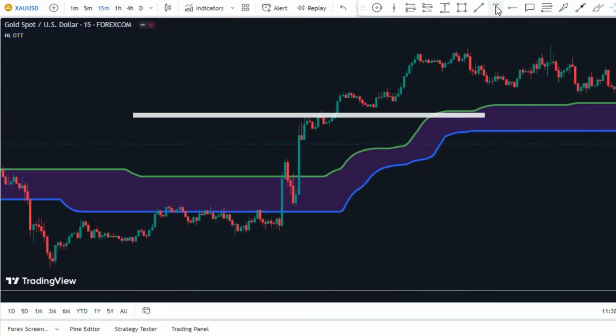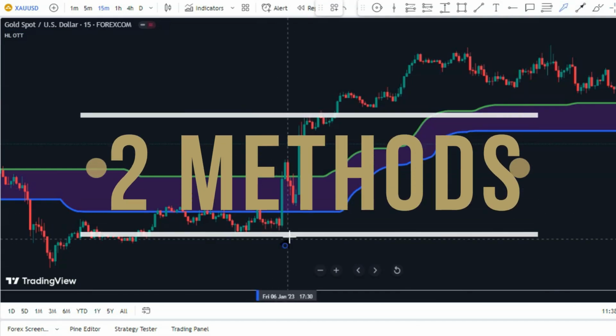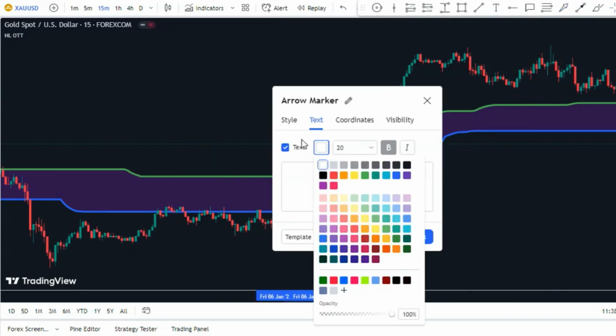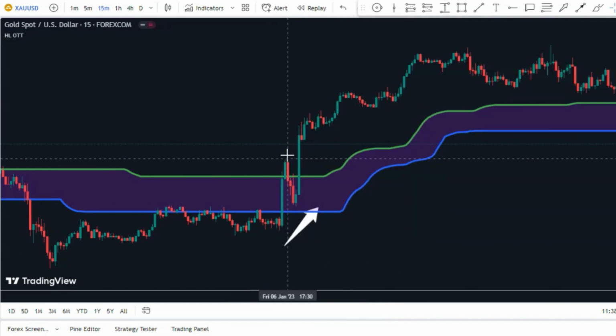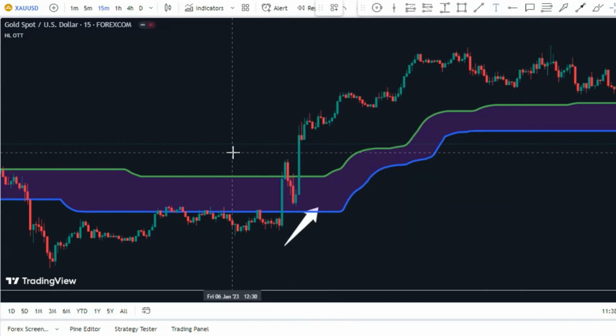We can trade in this strategy in two ways. The first method is to wait until the price breaks out the indicator line and then you can enter the trade, like this example.